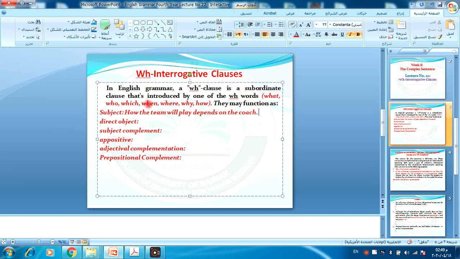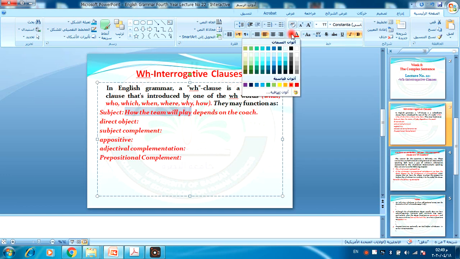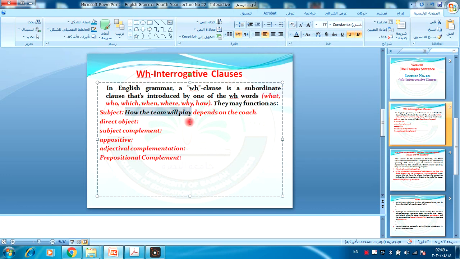So as you see now, how the team will play is the WH interrogative clause, which functions here as a subject. It depends on the coach here.